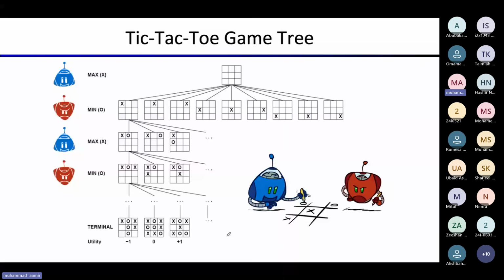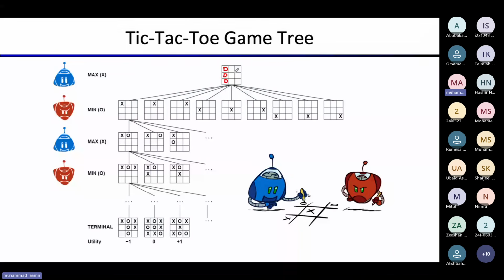This is another example. The tic-tac-toe game, very easy. Maybe most of you are familiar with this. The goal is to arrange one player's marks column wise, row wise, or diagonal wise, same settings. For example, if the O player arranges it this way, O player wins.